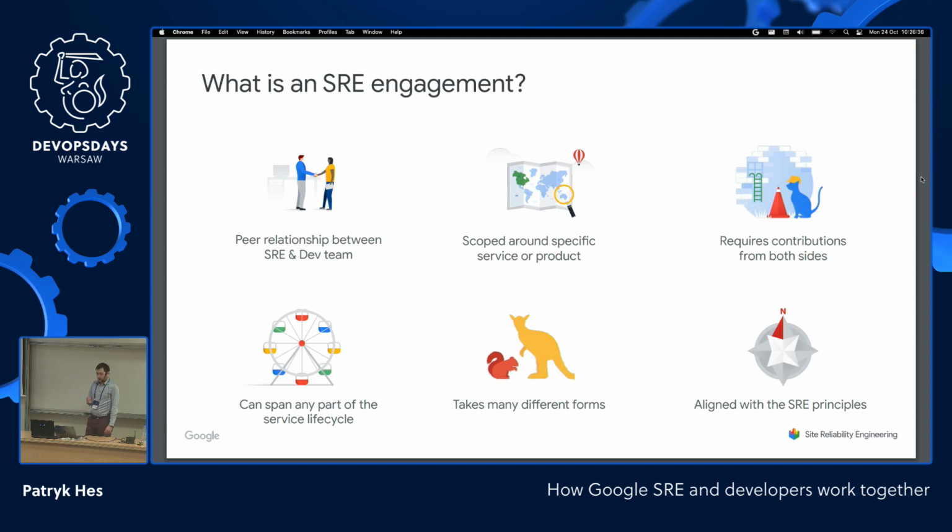This engagement can span any part of the service lifecycle. Which means that SREs can help the service while it's already running. They can also participate in building the service. They can participate in transformation of a service if there are changing needs and you have to do serious changes to your system.